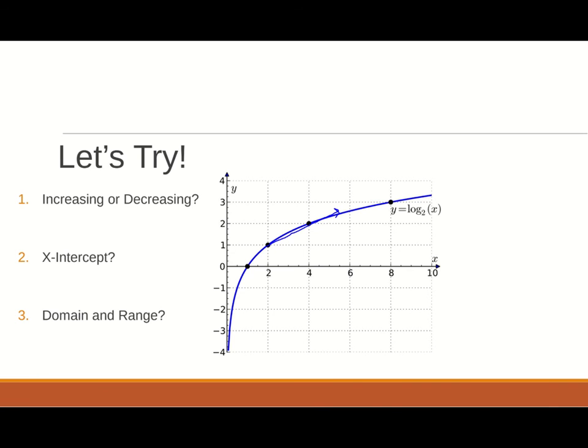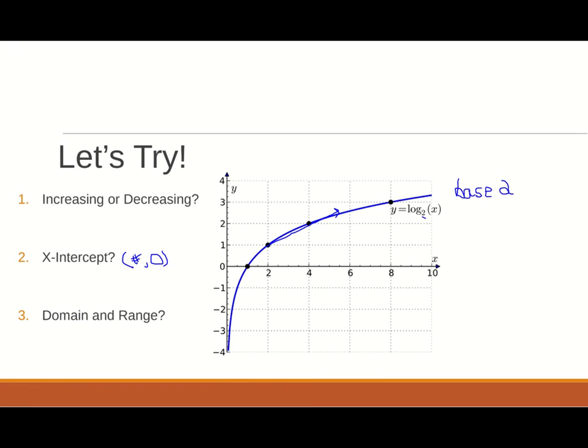How else can we figure that out? We can look right here at the base. The base is 2. We've already determined that the base will be positive, and if the base is bigger than 1, it will be increasing. So now let's ask ourselves about the x-intercept. We do remember that for the x-intercept, the y value has to be, that's right, 0.